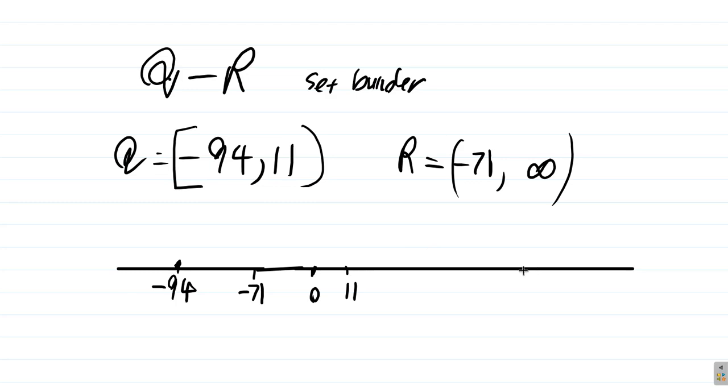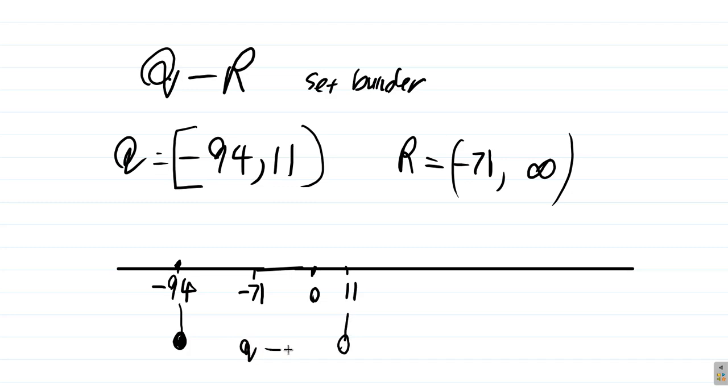Now, what is Q? Q is between negative 94, which is included, so we shade the circle, and up to 11, which is not included.